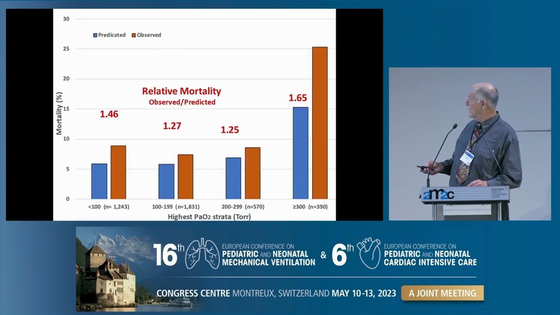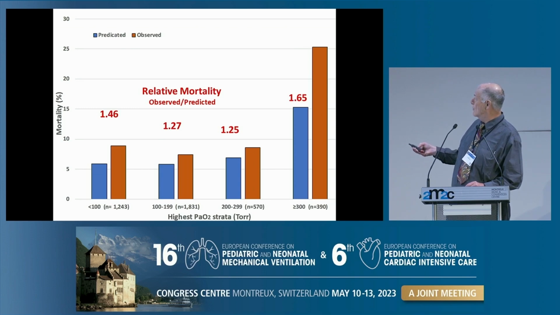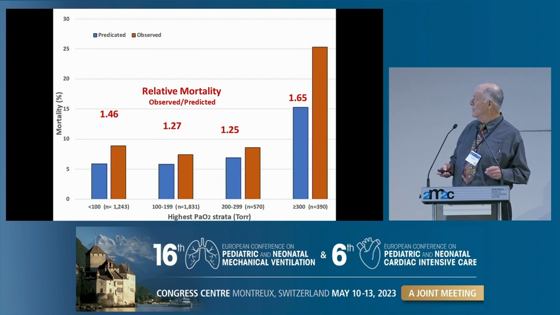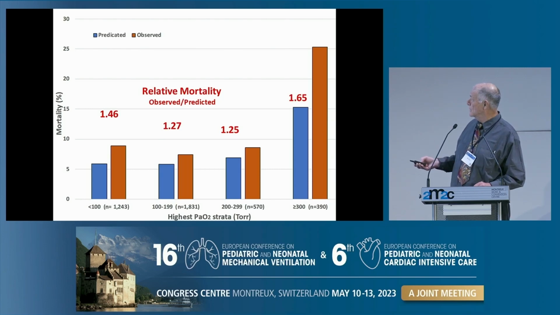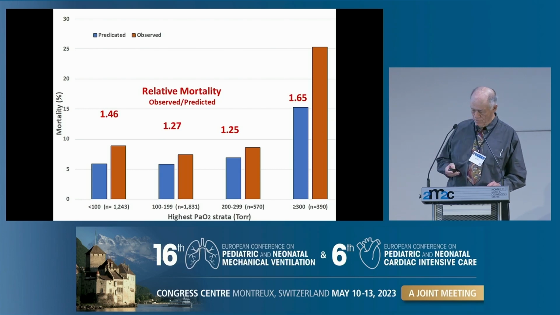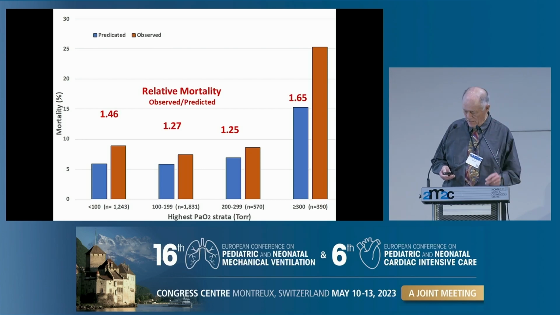You can see here the red values are the observed mortality. The blue is the predicted by PRISM, and then these calculated red are for each of 4 quartiles, the predicted mortality, and it is also U-shaped when we look at it in a coarser perspective than the other.